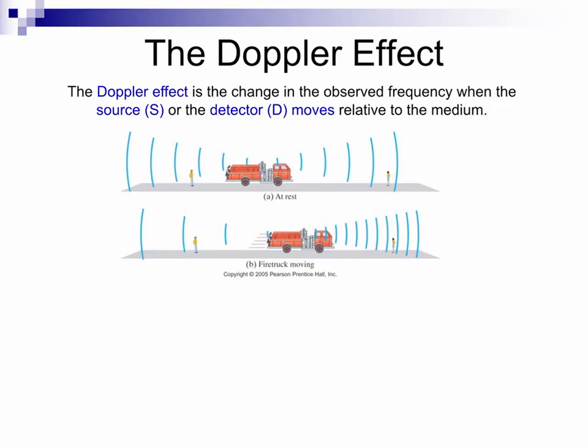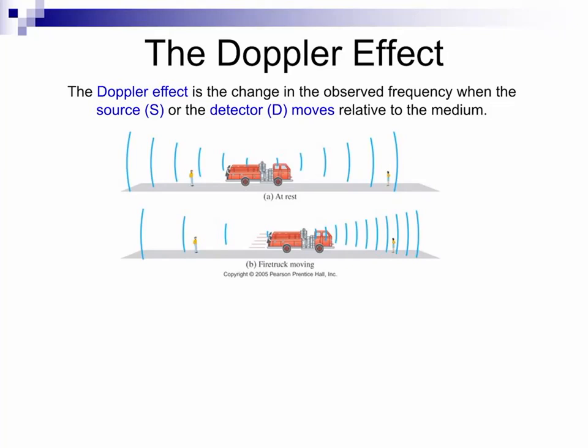This diagram probably illustrates it better. The blue lines here are the waves, you can think of them as the crests of the sound wave. See how they are closely spaced compared to the back waves, which are farther apart. So which person will hear a higher pitch?